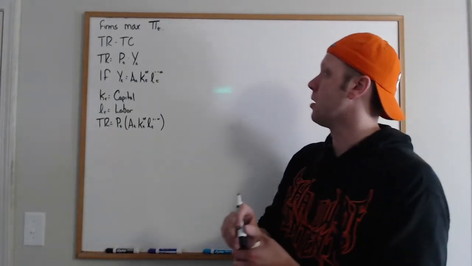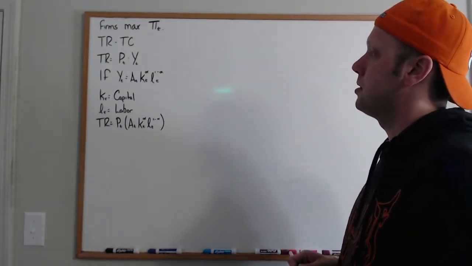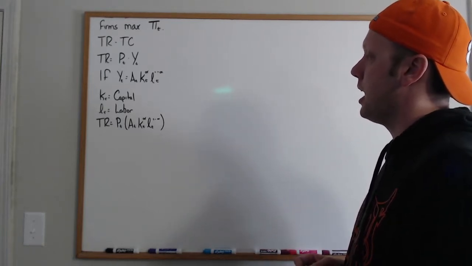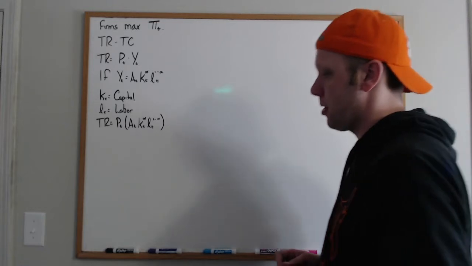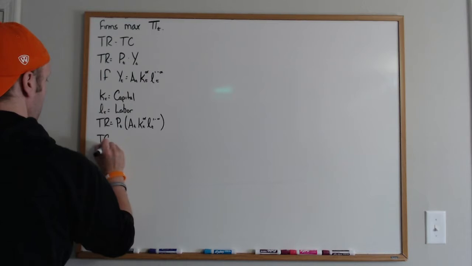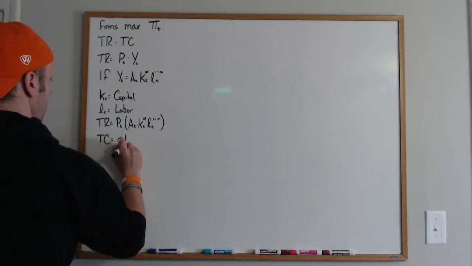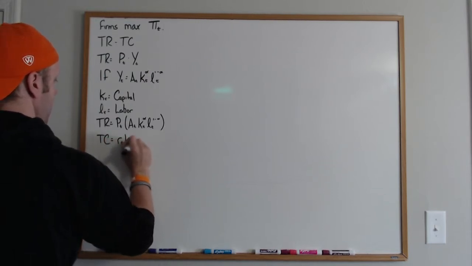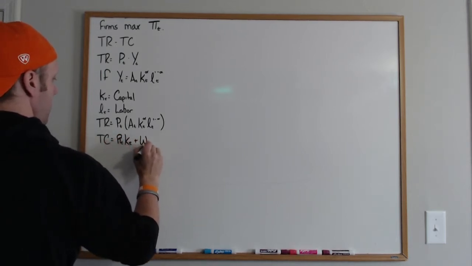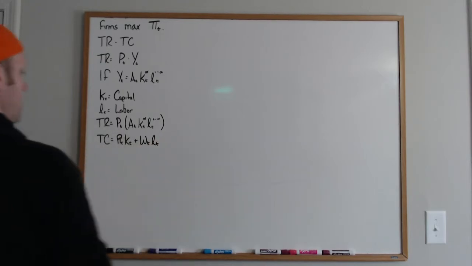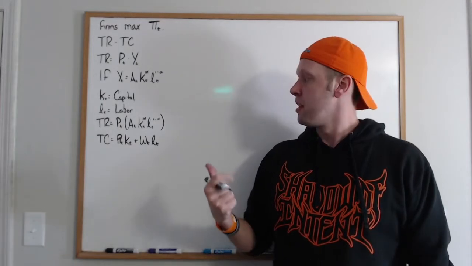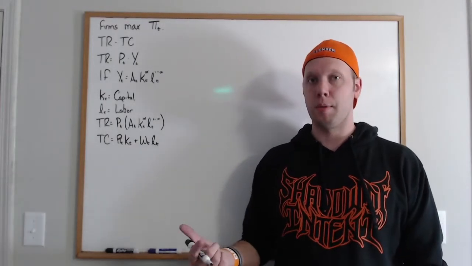Now, total costs, well, that's just what I spend on capital and what I spend on labor. So the nominal interest rate times the amount of capital that we use, plus the nominal wage rate times the amount of labor that we use.